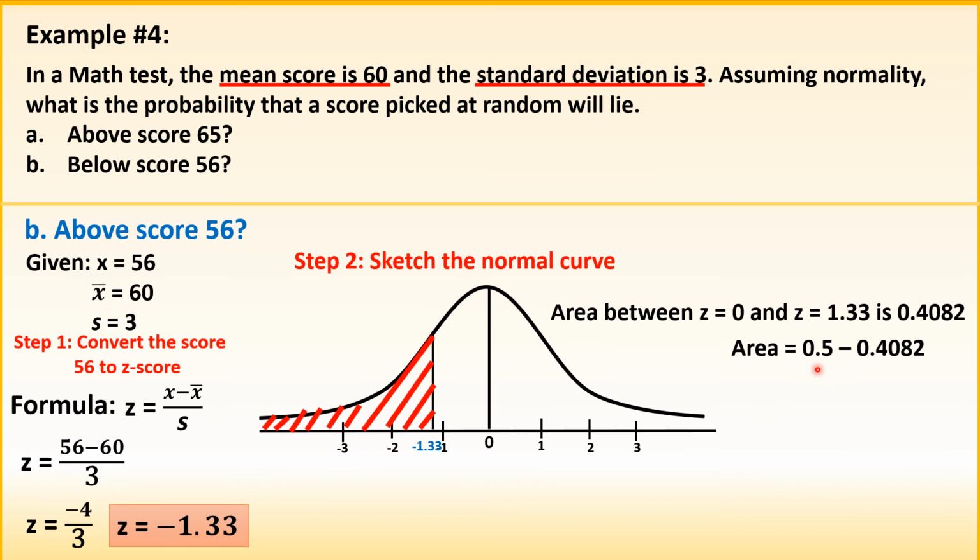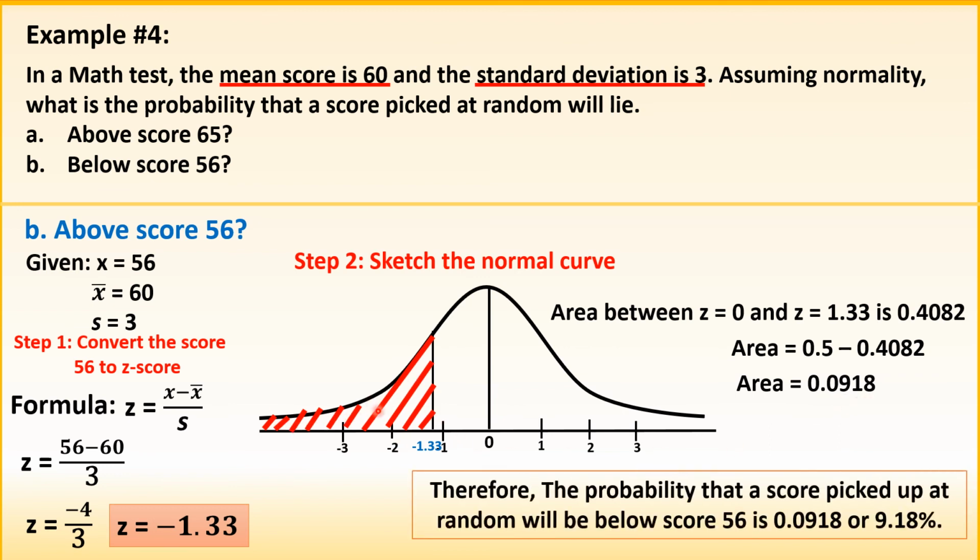Then, isusubtract natin dito yung nakuha nating area ng magmula sa 0 hanggang kay negative 1.33 para makuha natin tong area na to. So, that is equal to 0.0918. So, eto na yon. So, the probability that a score picked up at random will be below score 56 is 0.0918 or that is equal to 9.18%.